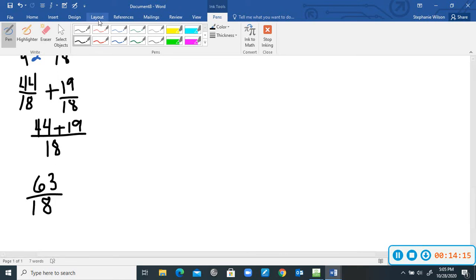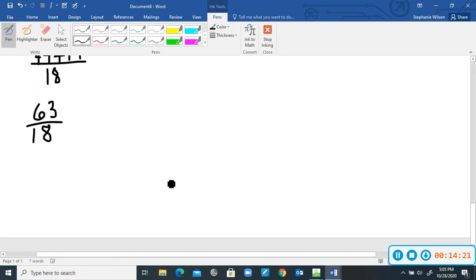So 9 goes, and let's do an extra step right quick, guys, just in case, because some visual people need to see it. I know that 9 times 7 is 63. I know that 9 times 2 is 18. So if I do this, these two reduce down and leaves me with 7 halves.